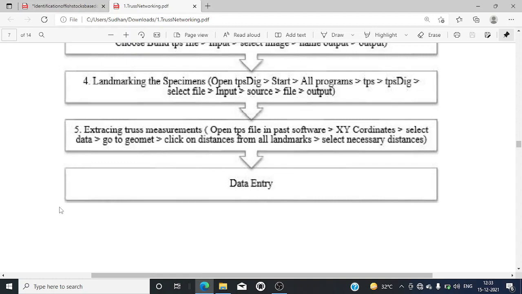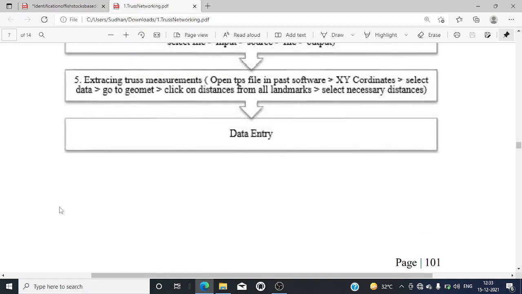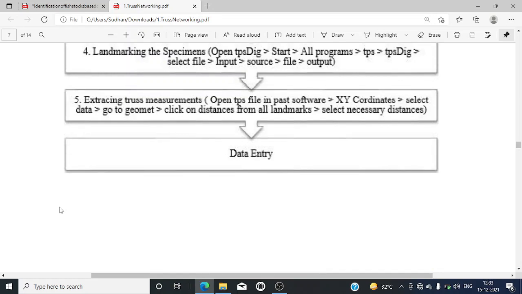Only that data is used for further analysis like PCA or CCA, that is principal component analysis or canonical correspondence analysis, or you can go for factorial analysis, cluster analysis, etc. Thank you.